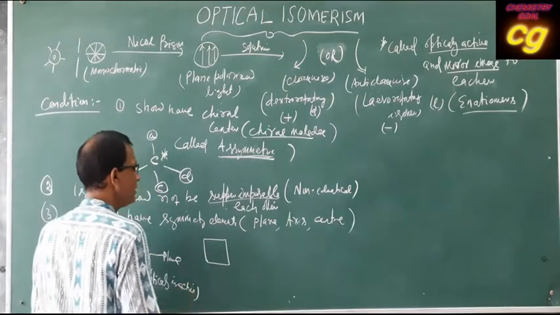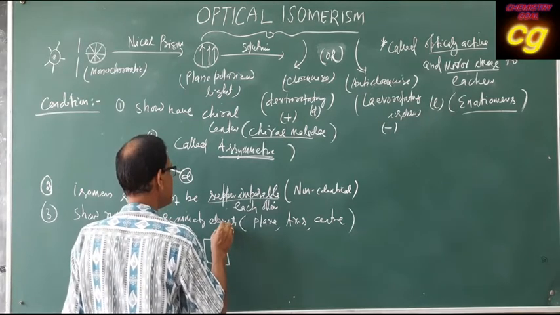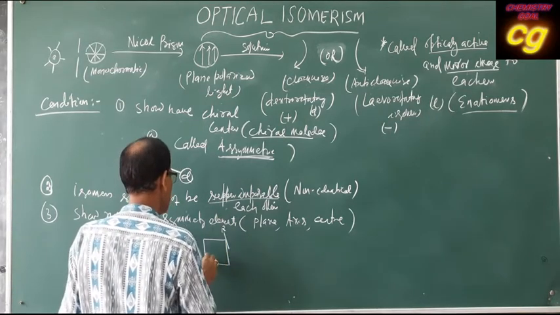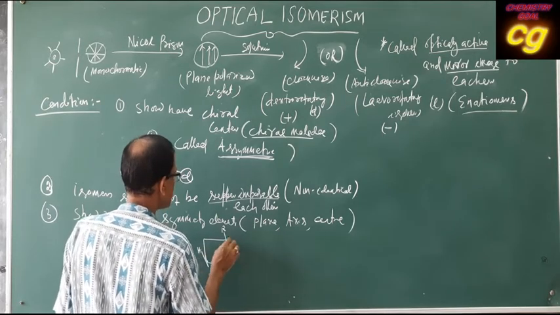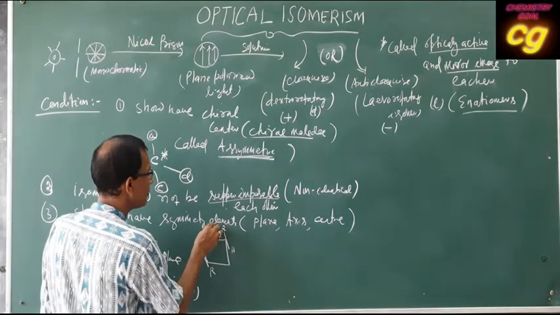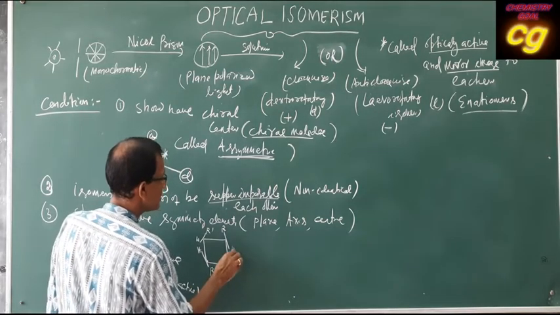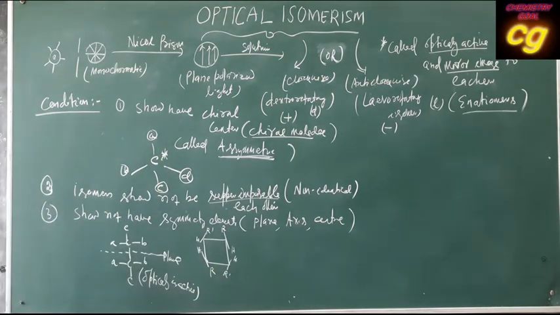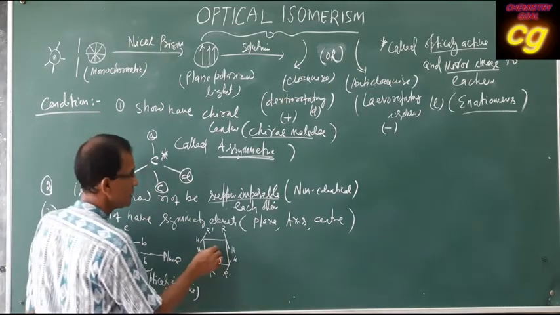Suppose this one, here the structure is like this, suppose this is R, here also this is R, suppose this is H, this is H, let it be. Here suppose this is R1 H, here R1 H. You can say this is a center of symmetry. Suppose this is the middle point of this structure.